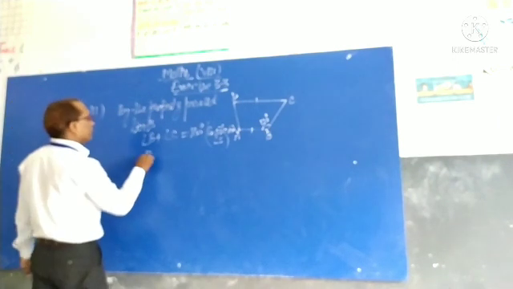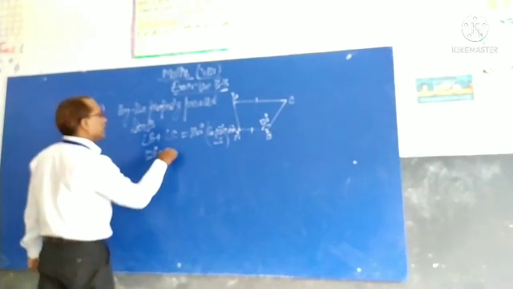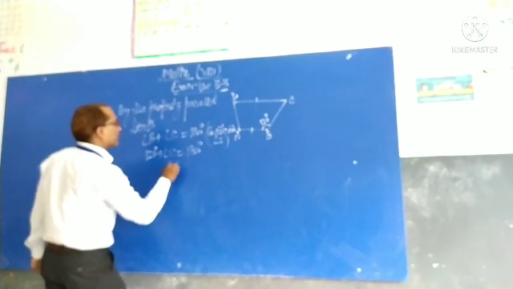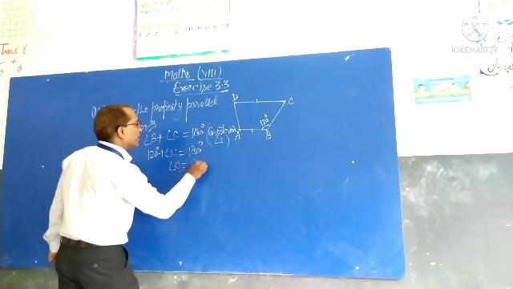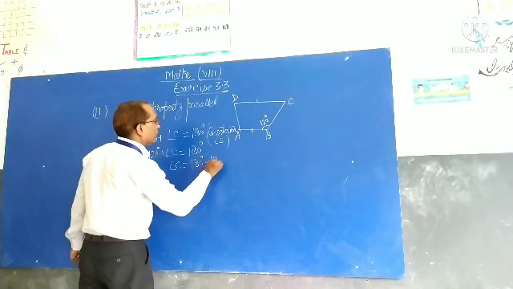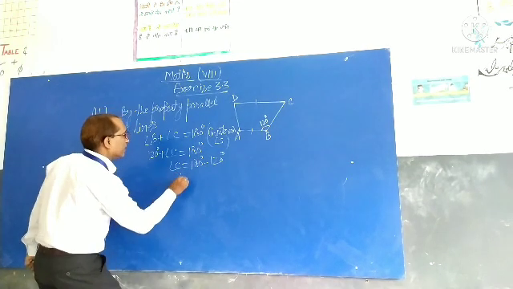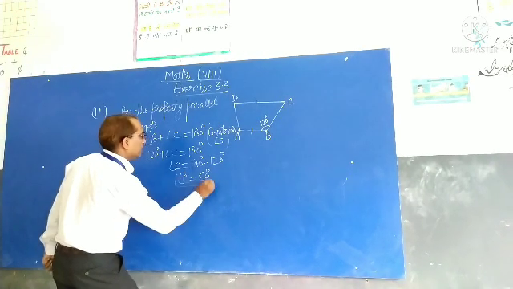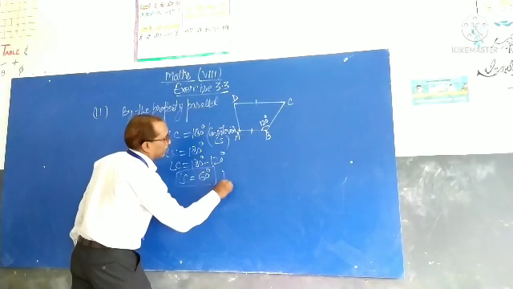Therefore, angle B is 120 degree plus angle C is equal to 180 degree. Then angle C is equal to 180 degree minus 120 degree. Angle C is equal to 60 degree. It is your answer.